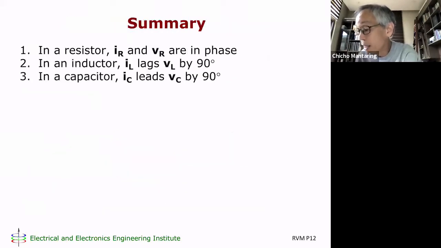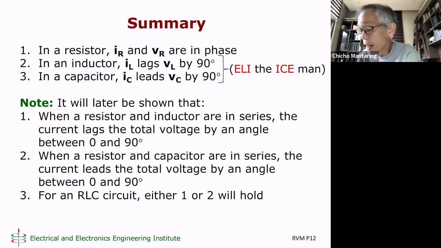So this is your summary. In a resistor, IR and VR are in phase, and in an inductor, IL lags VL by 90 degrees. In a capacitor, IC leads VC by 90 degrees. And later on, you're going to see that when you have a resistor and inductor in series, the current will be between 0 and 90 degrees, the current lagging.